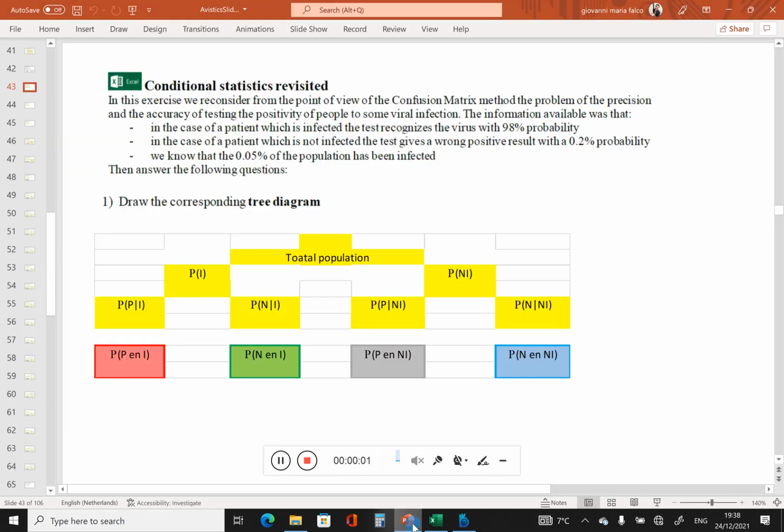Okay, in this exercise, we will speak English because we have to introduce a lot of new terminology, and therefore it is better to do it in English.